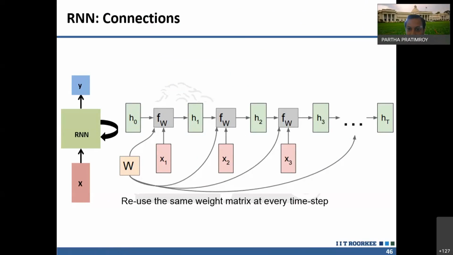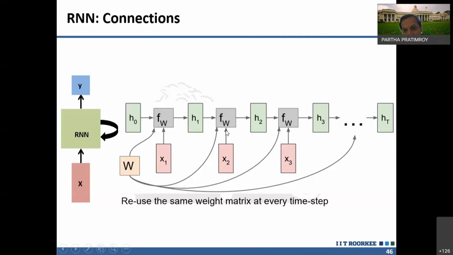Like in a neural network, in multilayer perceptrons, you start with some random sample values, and those weights are modified, and finally you get the results. Similarly here, these FWs will be modified every time.